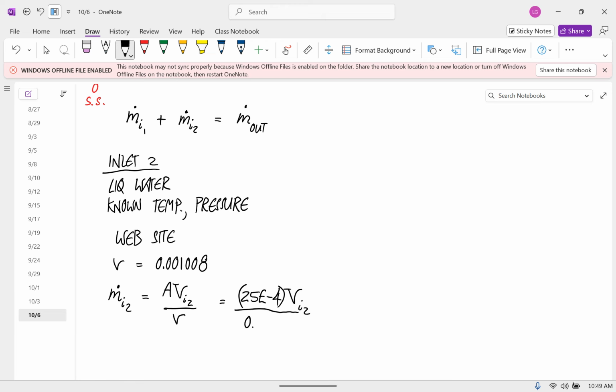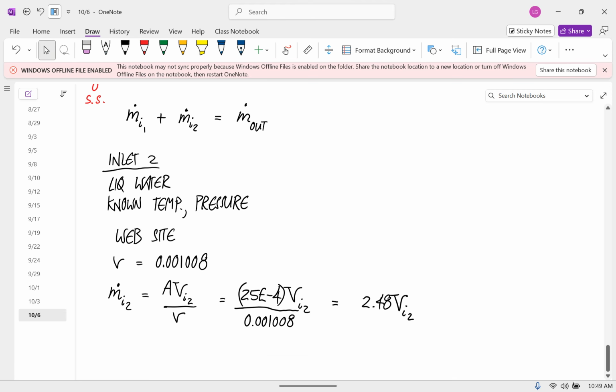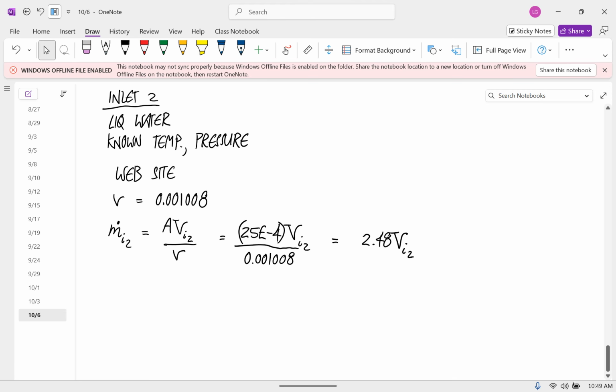And we're dividing by 0.001008. So this comes out to be 2.48 times that average speed. Okay, so we can't calculate that average speed yet, but that's going to go into our equation.